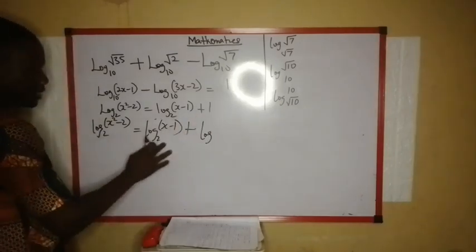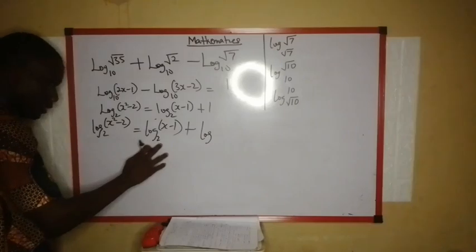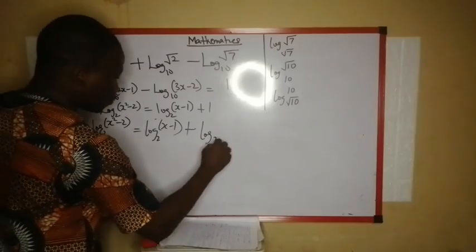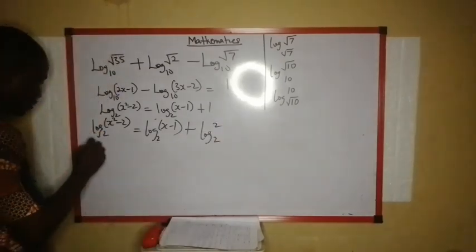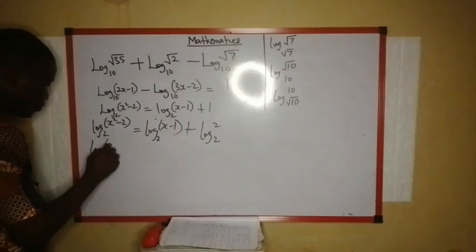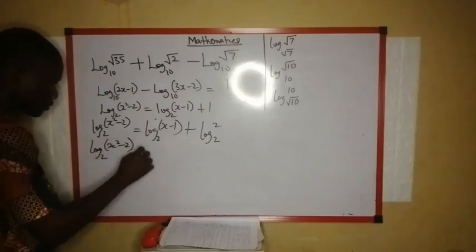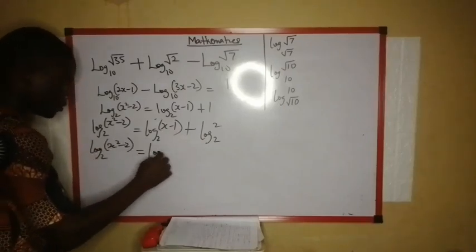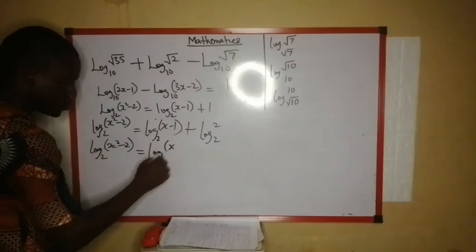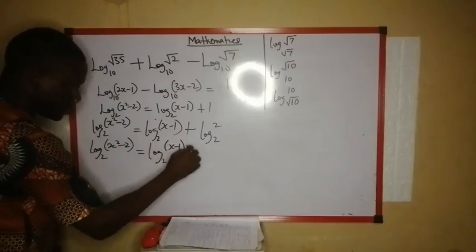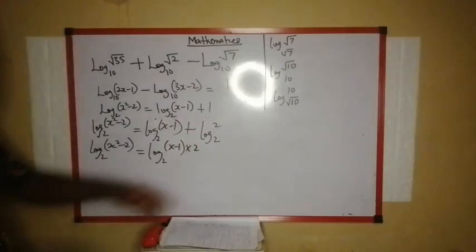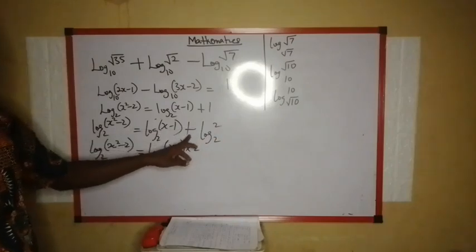But we're not working with log 10 base 10. I said we always look at the base, and the base here is 2. So 1 will be log 2 base 2. This is log 2 into x squared minus 2 equal to log. So we have addition. Addition becomes multiplication. So you see why we multiplied by 2, because this is addition.